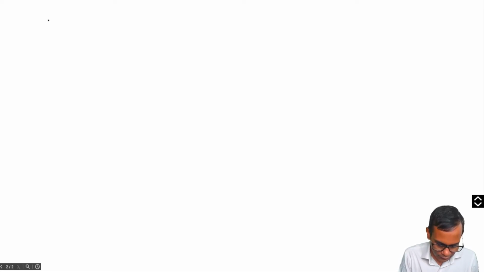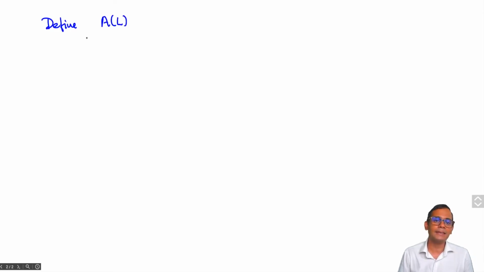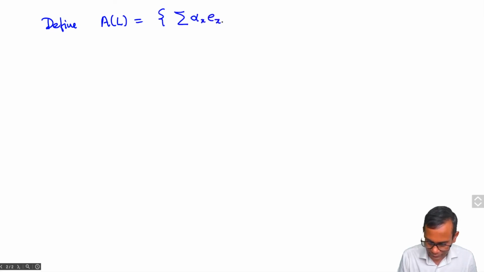So we just define an algebra A L. L is a lattice here, and let's define A L to be the algebra which, as a vector space, is just a vector space with basis indexed by L. So it's the sum of alpha x E x, where alpha x belongs to C, x in L. So it's a vector space with basis E x, x belongs to L.